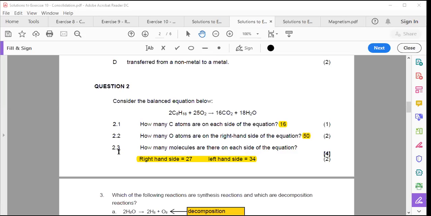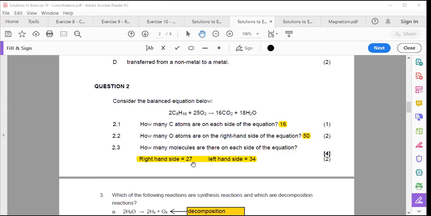Right, then next one, 2.3. How many molecules are there on each side of the equation? Each side. So let's start here. We have got C8H18. That's 1 molecule, right? But there's a 2 there. So that 2 is multiplying. So there are 2 C8H18. And oxygen, O2 is 1 molecule. It exists as a diatomic molecule. So that's 1 O2. But the coefficient is telling us they are 25. So it's going to be 25 plus 2 for the left-hand side.